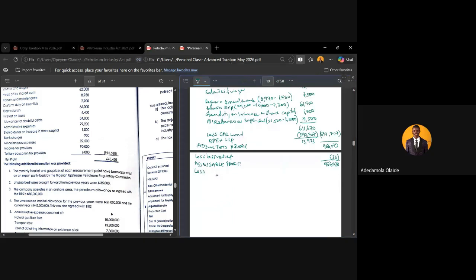Then we less, we don't have balancing charge. Capital allowance, which is brought forward.